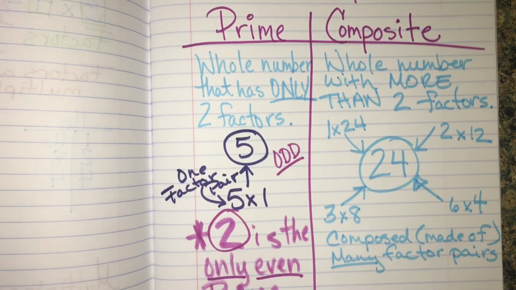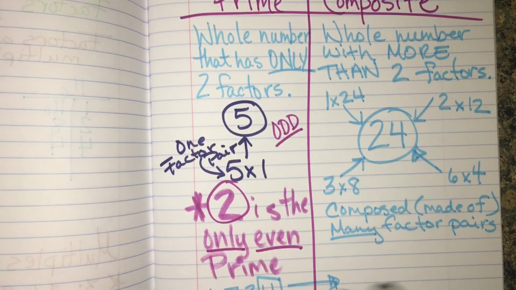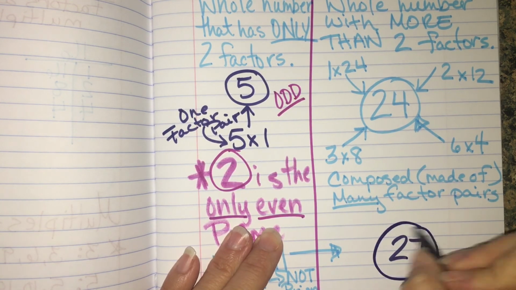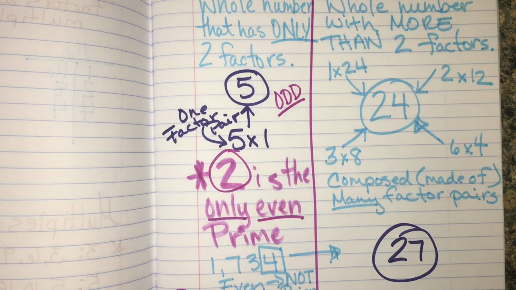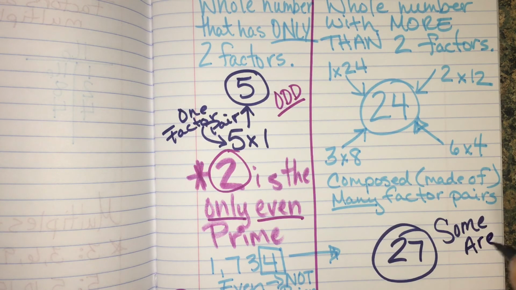If you look at other examples, I have some kids get confused and they're like, oh, I'm going to say that 27 is prime because it's odd. Don't do that. Some are odd numbers, okay?